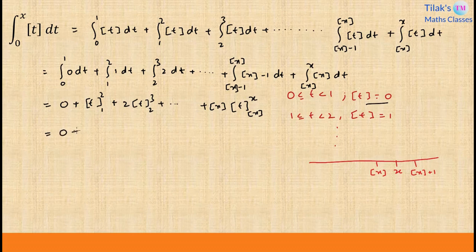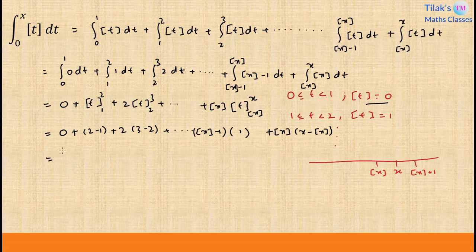This equals 0 plus 2 minus 1 plus 2 times 3 minus 2 plus so on. The last term will be greatest integer of x times x minus greatest integer of x. The term preceding this will be greatest integer of x minus 1 times greatest integer of x minus greatest integer of x minus 1. This is basically 1.